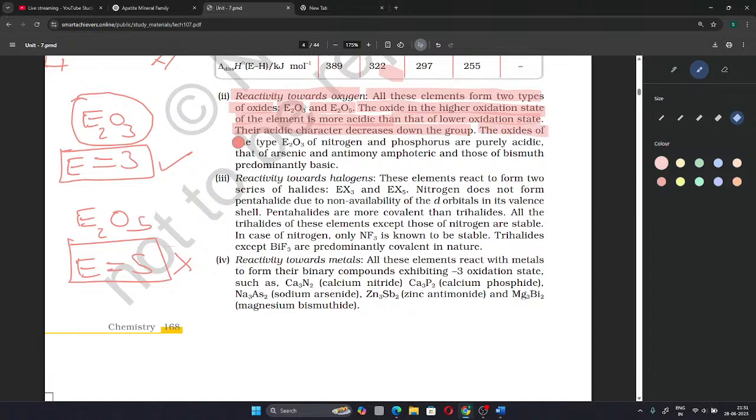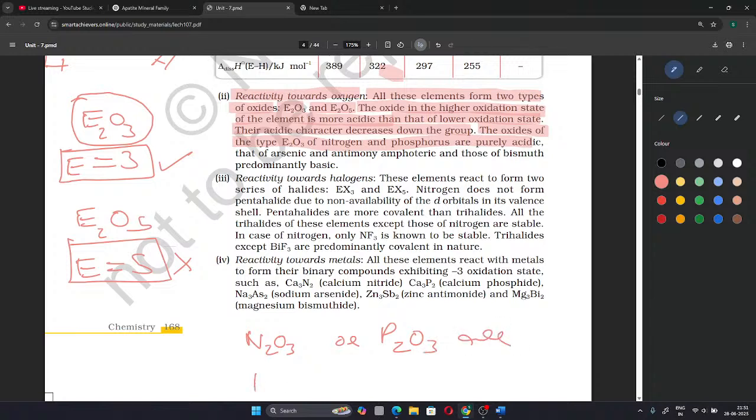The oxides of the type E2O3 of nitrogen and phosphorus, N2O3 and P2O3, are purely acidic.